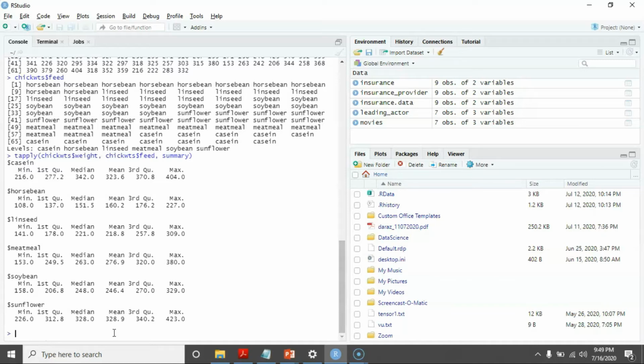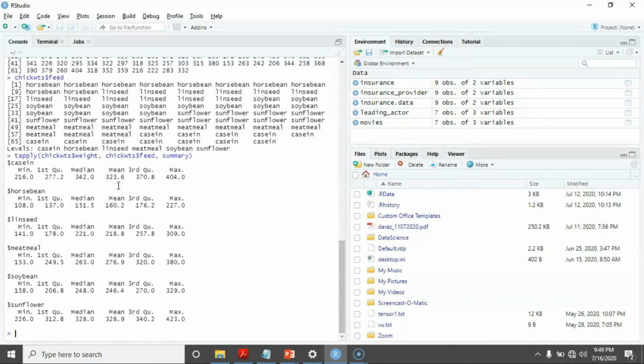If you look more closely at the comparison between the mean of casein and the mean of sunflower, mean means on average, those chickens which use sunflower as a feed have an average of 328, but with casein it's 323.